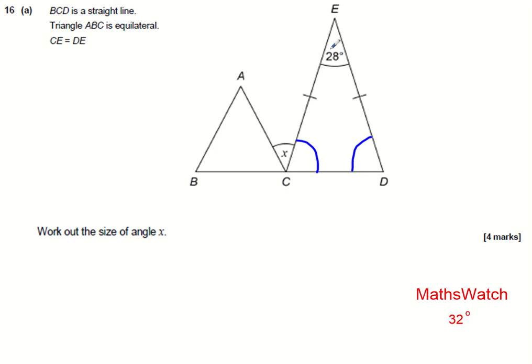So if we already know that one angle is 28, we can do 180 subtract that 28 to give 152. So 152 degrees is the total of these 2 angles, and since we know that they are equal because it's an isosceles triangle, you can do 152 divided by 2 to get each angle being worth 76 degrees.